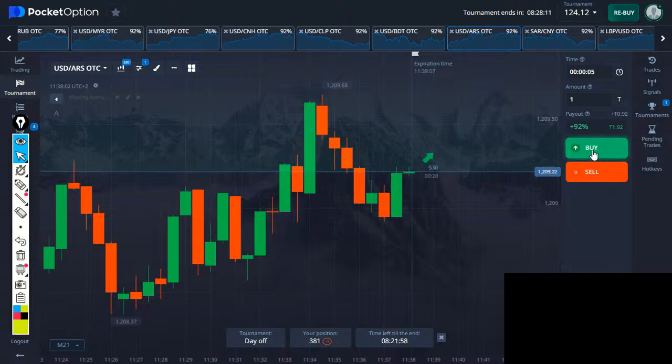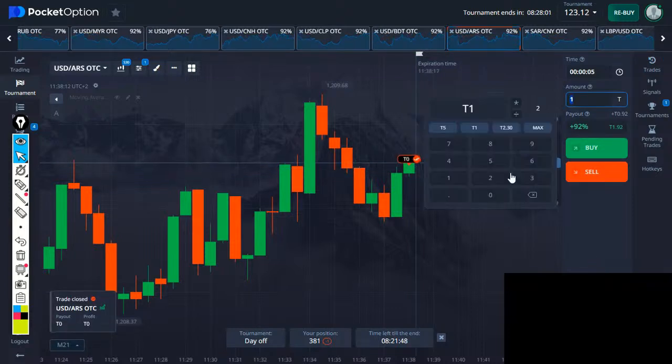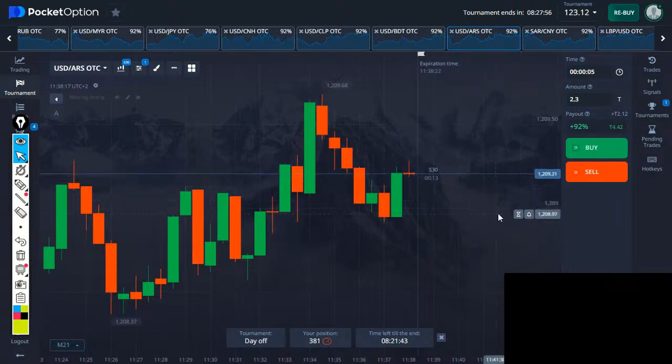Okay, it's jumping, strong green. We go for a buy. That's a loss. Let me increase the trade amount to 2.3. And let's see the next candle open.